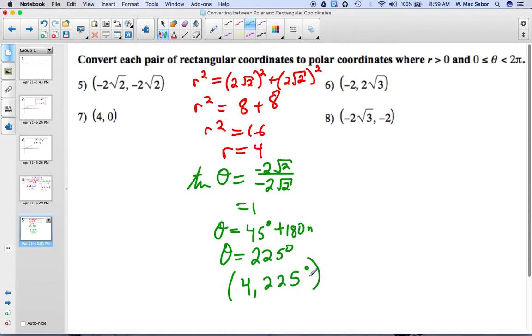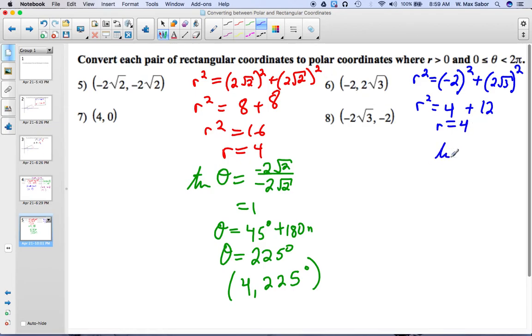I think I'm going to need more space for number 7 and number 8. Now here, r squared equals negative 2 squared plus 2 root 3 squared. Please make sure to put these in parentheses before squaring them. We don't want this to turn into a negative 4. This is 12. So r once again is 4.